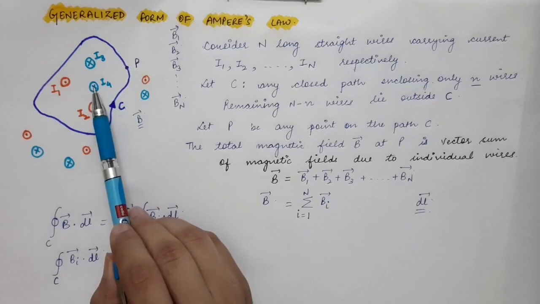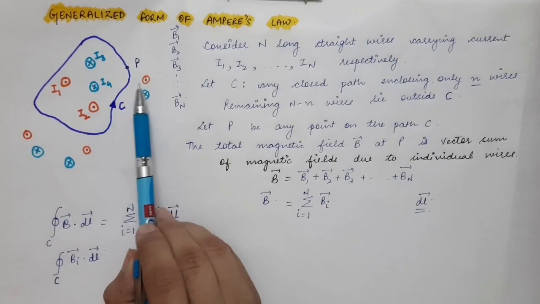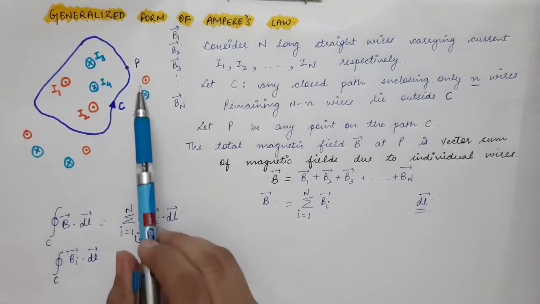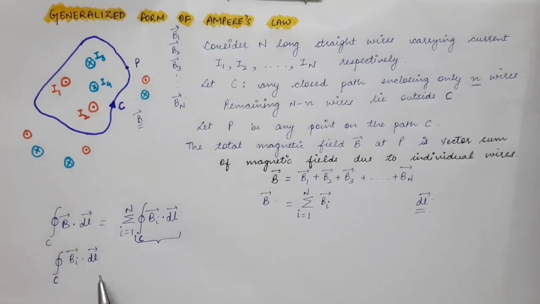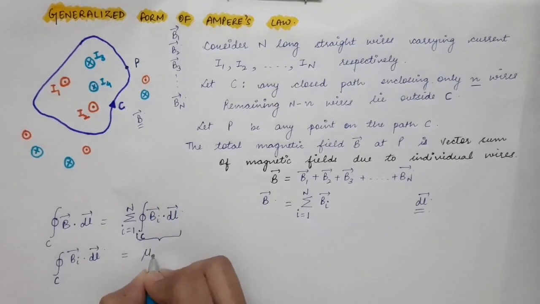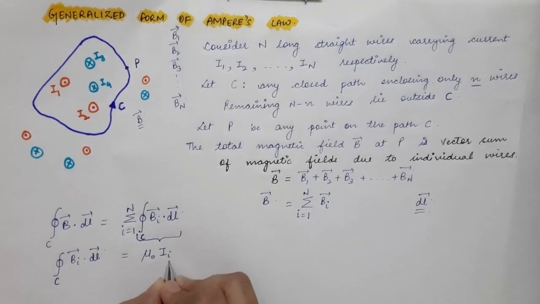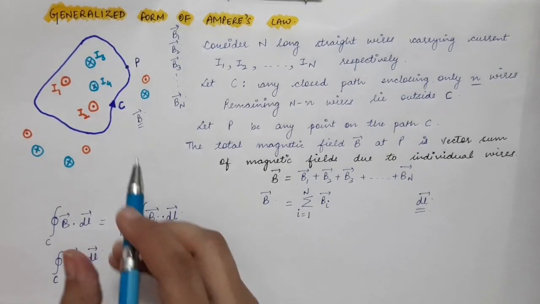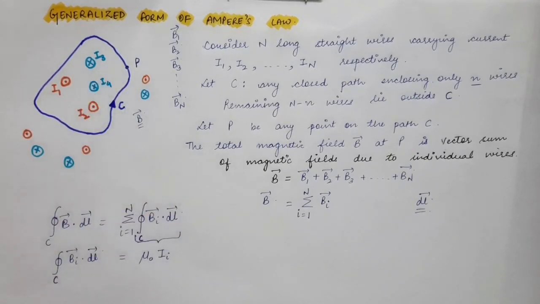But if that wire is present outside this closed path, then the line integral of the magnetic field due to this wire over this closed path will be equal to 0, because current is not enclosed inside that closed path. So this integral will be equal to mu naught times Ii, where Ii is the current which is flowing in the ith wire, and here we are supposing that the ith wire is present inside the closed path.